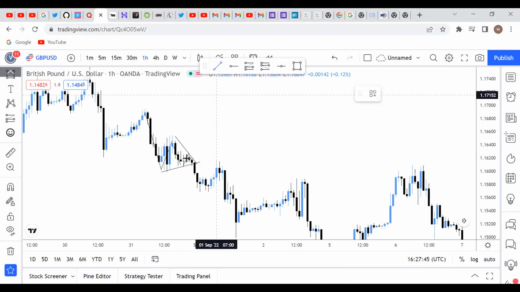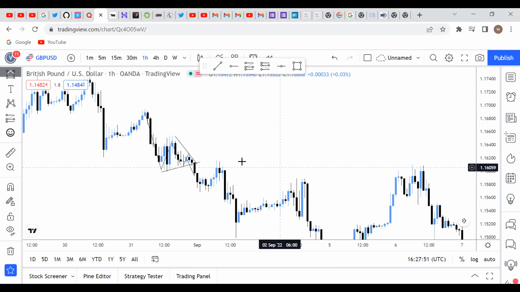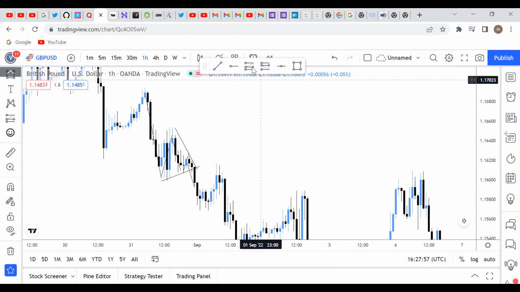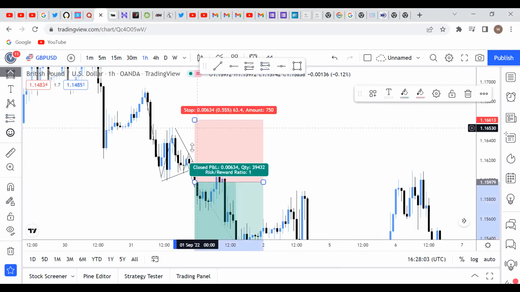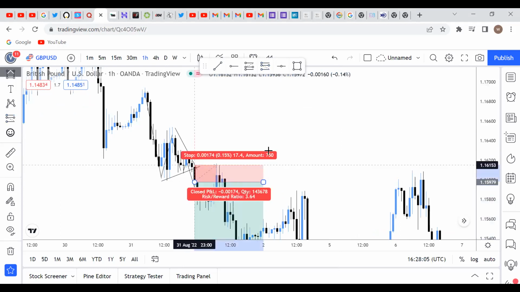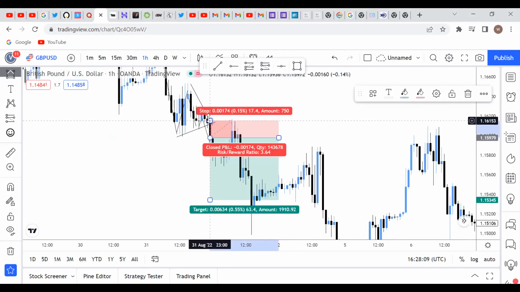If you're doing triangles, try to draw your trend lines at the wicks. Don't draw them at the body. We are going to put our stop loss at the breakout candle. We're going short, so we put the entry and stop loss at the breakout candle, slightly.